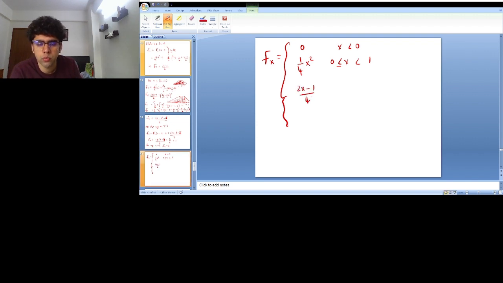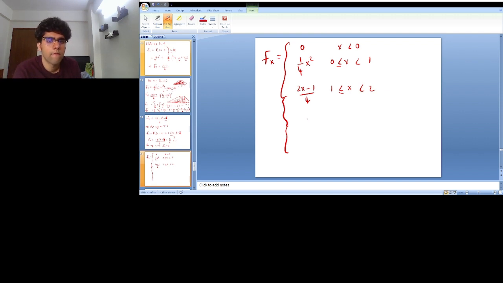I took it as 2x minus 1 by 2, and that caused the whole error. For x lying between 1 and 2, if I include 1 or 2 in the domain while writing the intervals, it does not matter because it's a continuous random variable.